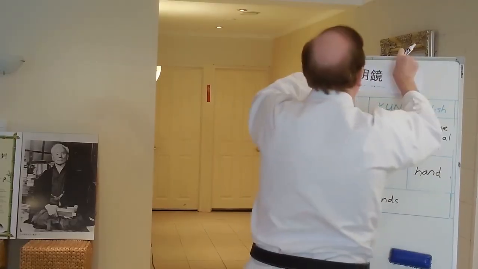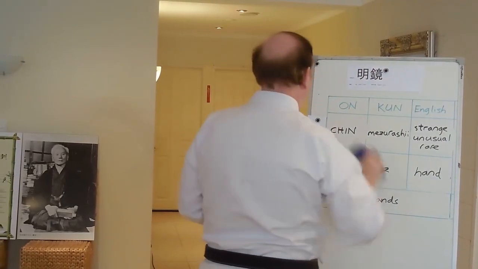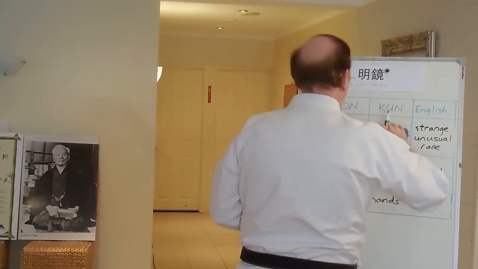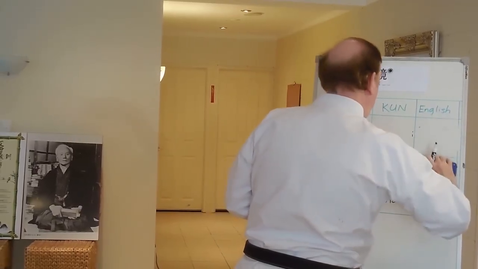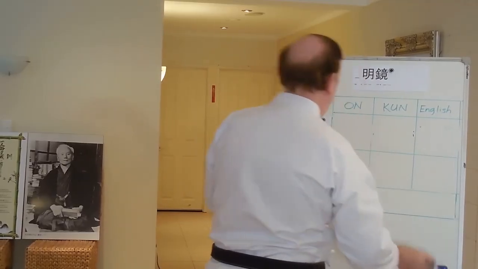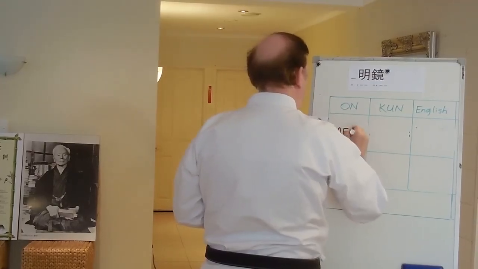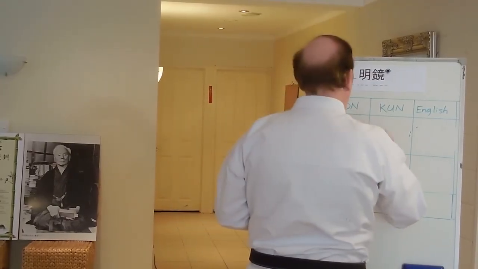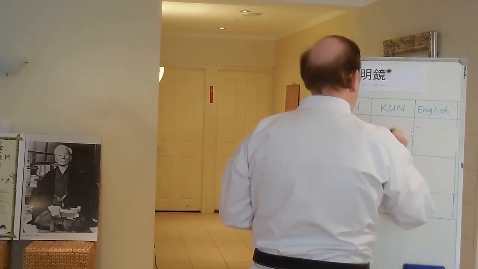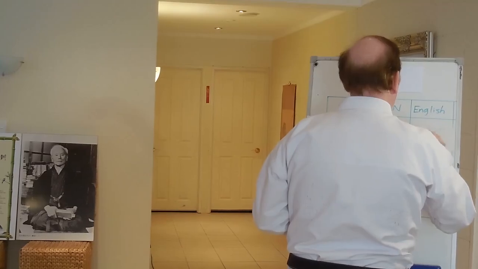Now the next one we have here is meikyo. So me is the on reading there, comes from akarui, and akarui means bright.